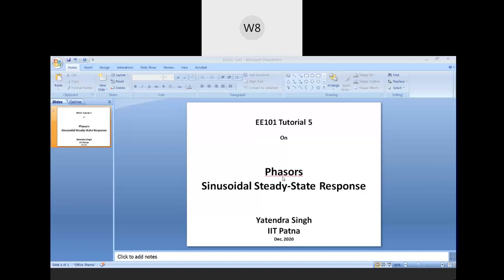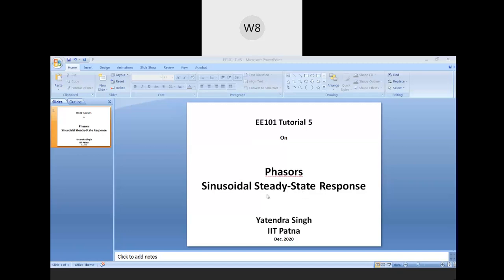And for the second topic, you can see that we have two things here. First is that the source is going to be sinusoidal. That means it will vary with time, like a sine function or like a cos function. And we are interested in voltage or current in the circuit for the steady state.